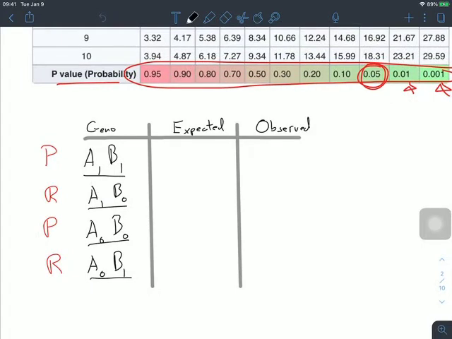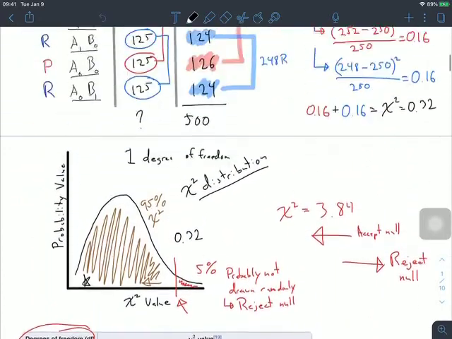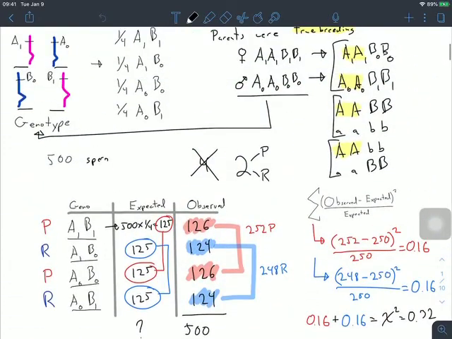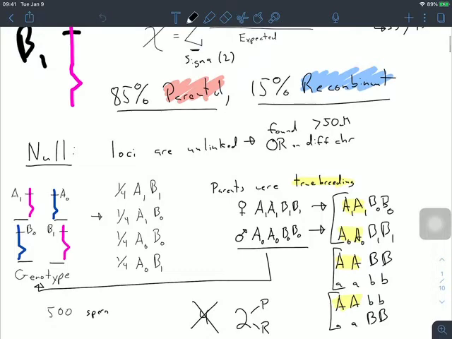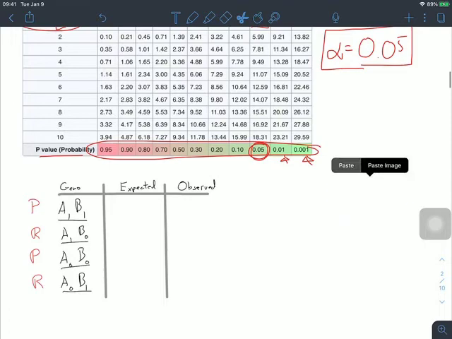So, in this situation, we record, again, from the same style of cross, looking at parents that were true breeding for the A1, A1, B1, B1, and A0, A0, B0, B0. So just go ahead and copy down that this is our parents again.